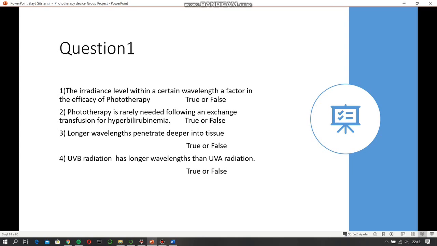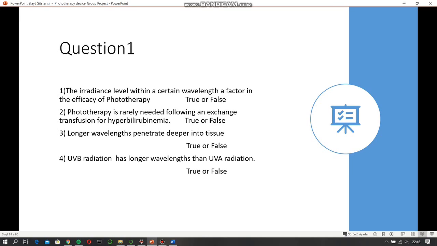The third one is: longer wavelengths penetrate deeper into tissue. Is that true or false? Actually, it's true. Remember from the ultraviolet radiation, the first chapter, the wavelength, and the radiation behavior, and it's true.